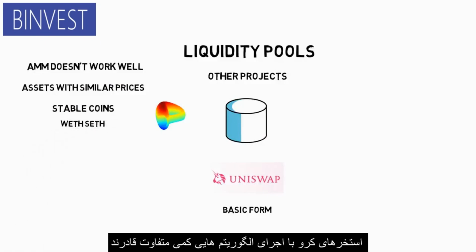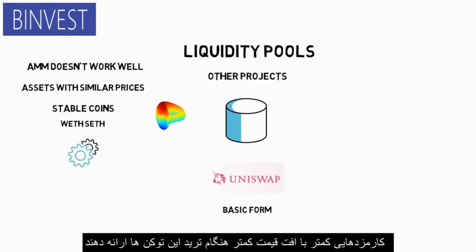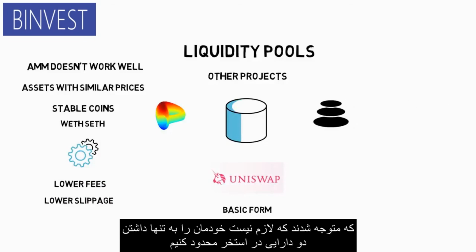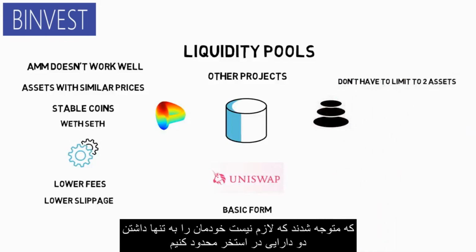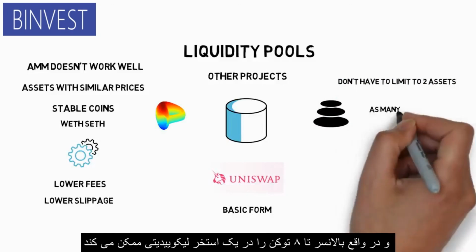Curve pools, by implementing a slightly different algorithm, are able to offer lower fees and lower slippage when exchanging these tokens. The other idea for different liquidity pools came from Balancer, that realized that we don't have to limit ourselves to having only 2 assets in a pool, and in fact, Balancer allows for as many as 8 tokens in a single liquidity pool.